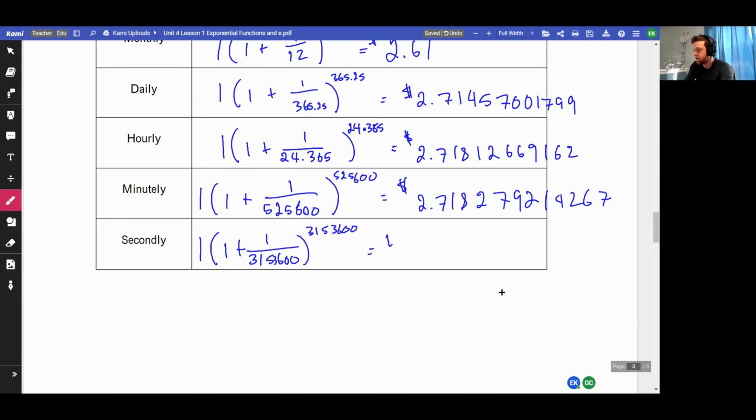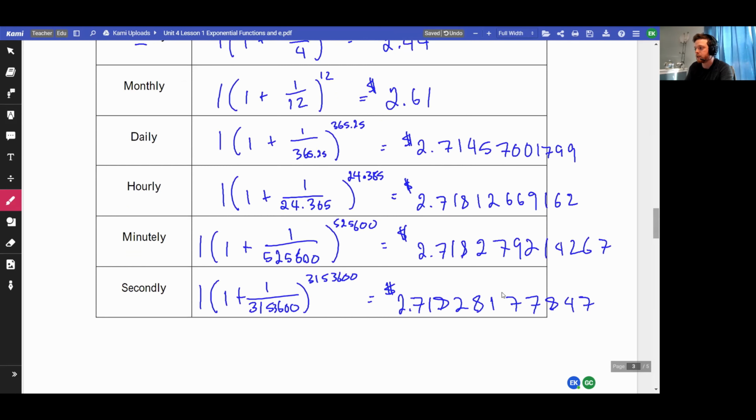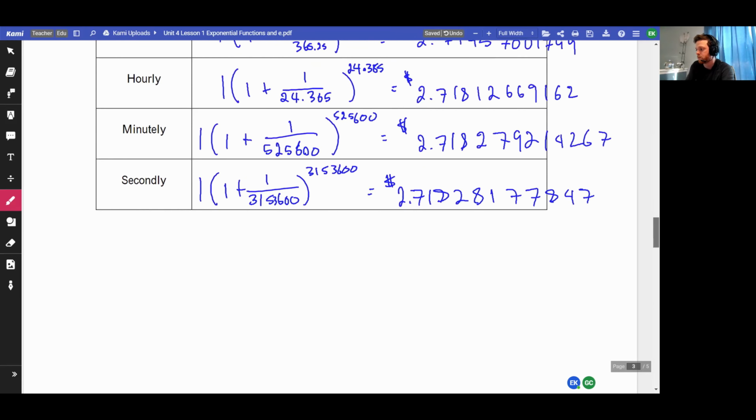And we get 2.718, and that's where it changes. Boom. Cool. So we got to daily. Granted, we did jump from 12 to 365. But we got to daily, and then we've kind of leveled off at 2.718.